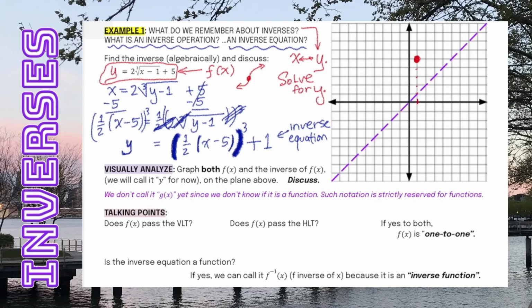The 2 is a vertical stretch of 2. So instead of going up 1 over 1, up 1 over 2, 4, 6, 7, and then down 1 over 1, and then down 1 over 2, 4, 6, 7. If I did not have that stretch, I would follow these dots right there. Instead, I have that vertical stretch of 2, so I'm really going to go up 2 over 1.